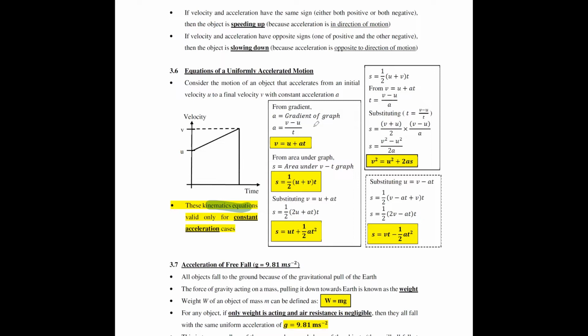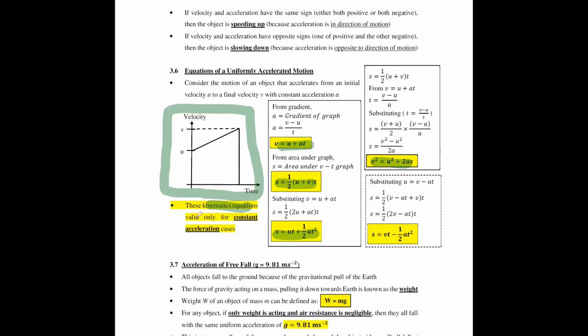Your questions require you to know the derivation. They are normally derived from this graph. All your equations of motion, the kinematics equations or the SUVAT equations, v equals u plus at, s equals half (u plus v) t, or s equals ut plus half at squared, v squared equals u squared plus 2as, they're all derived from this same graph.